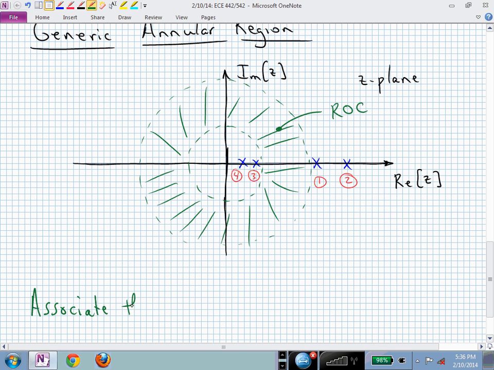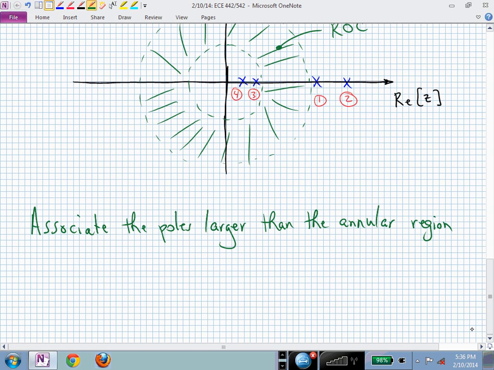The poles larger or beyond the region of convergence. So associate the poles larger than the annular region. And I hope it's clear that I'm referring to poles 1 and 2. Those are outside the annular region.